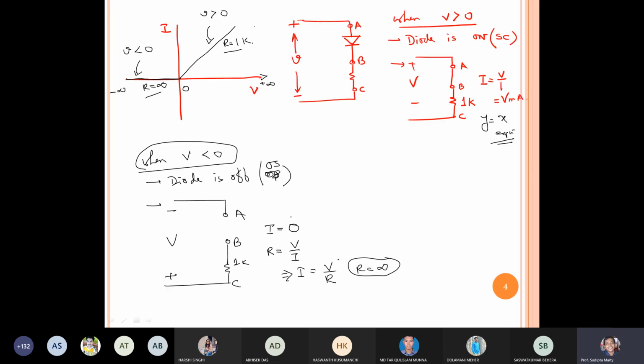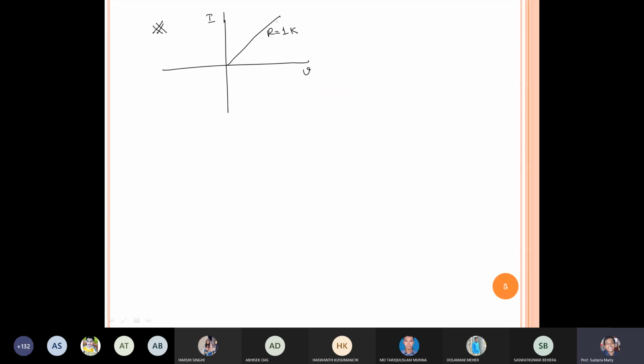Suppose we are extending this drawing using this concept. It is my V, it is my I. Suppose R equal to 1K. Using the same concept, whatever I have drawn for this line, can I draw this kind of circuit for this line?